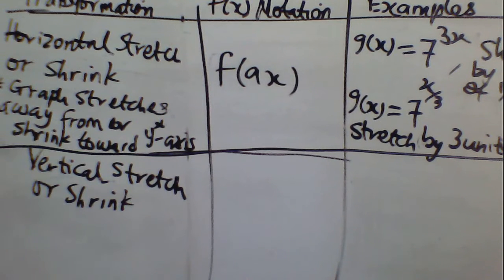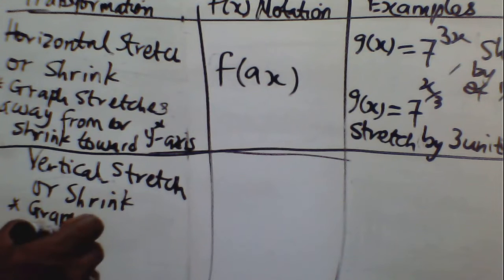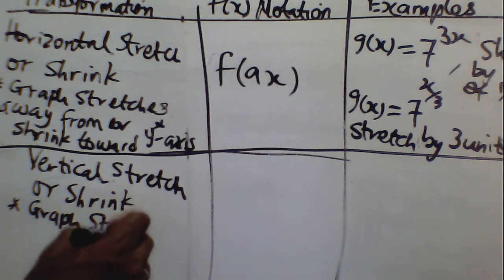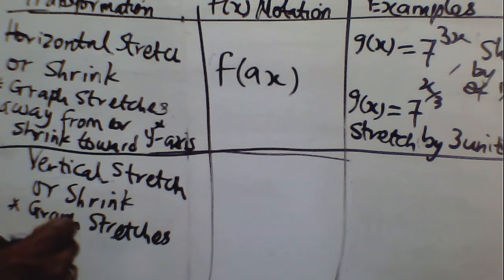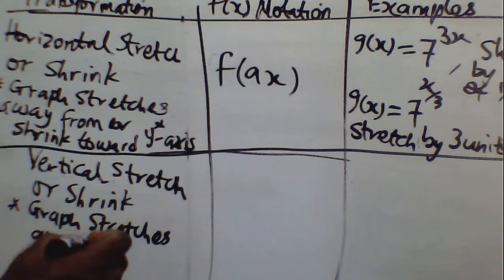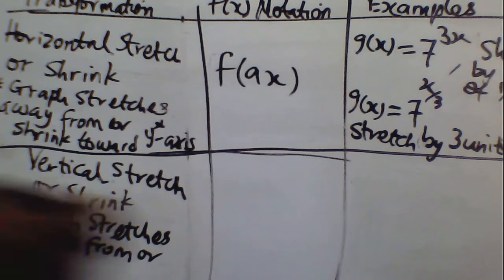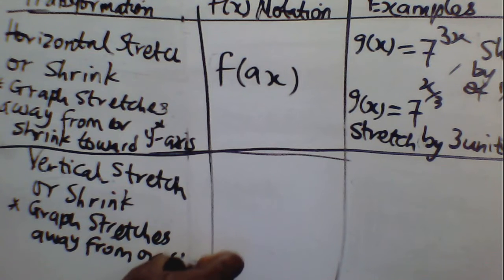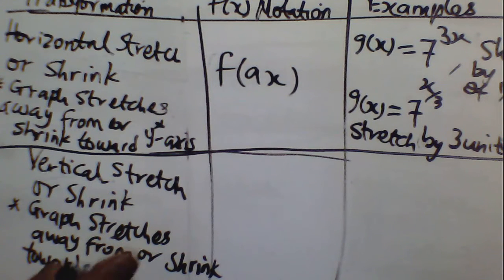So for vertical stretch or shrink, the graph stretches away from or shrinks towards the x-axis.